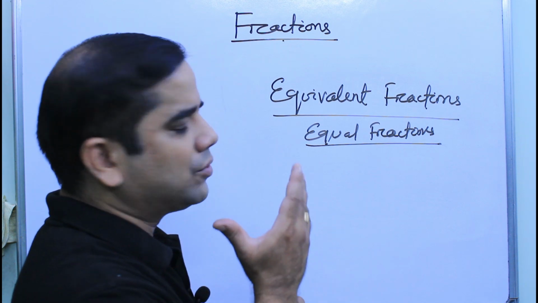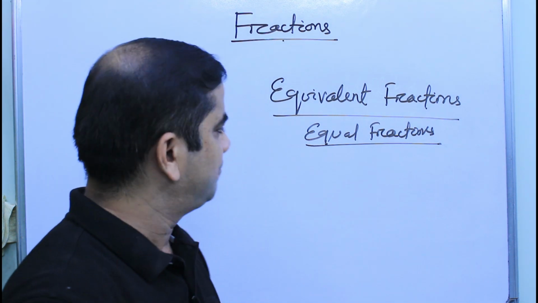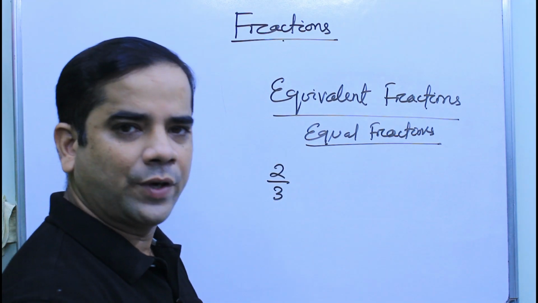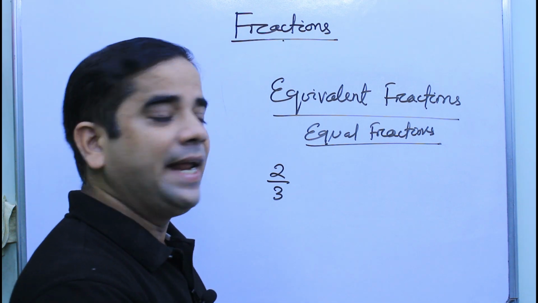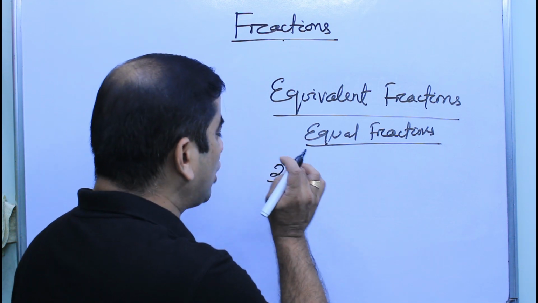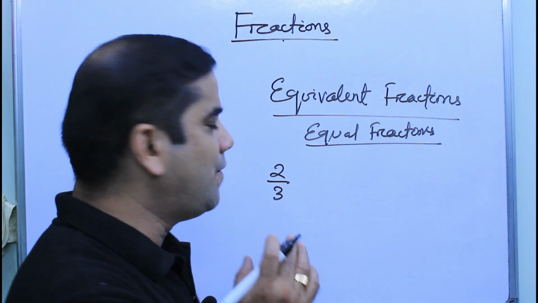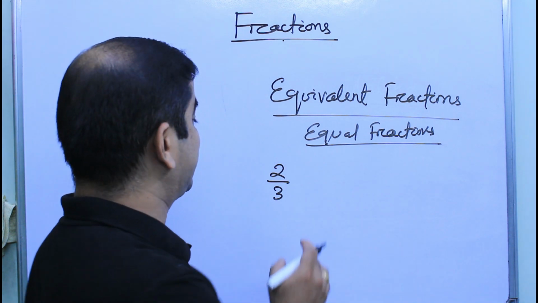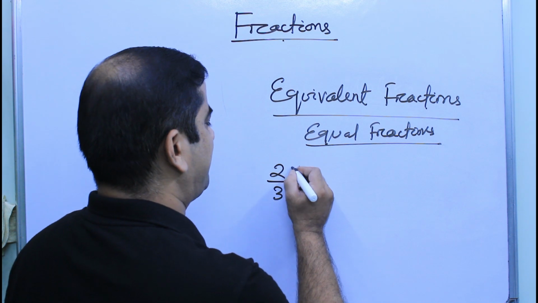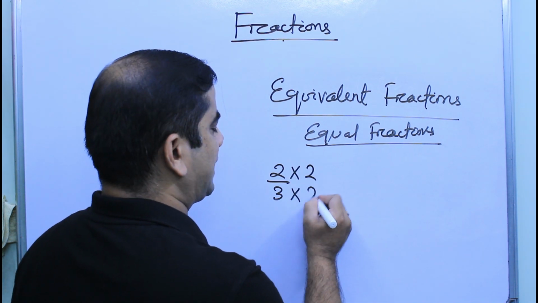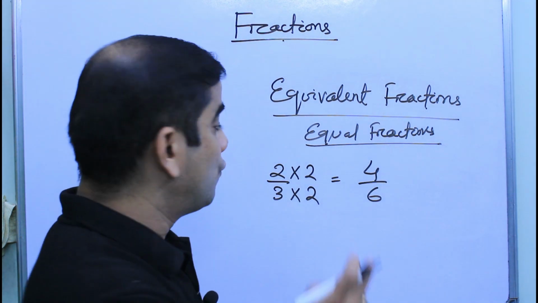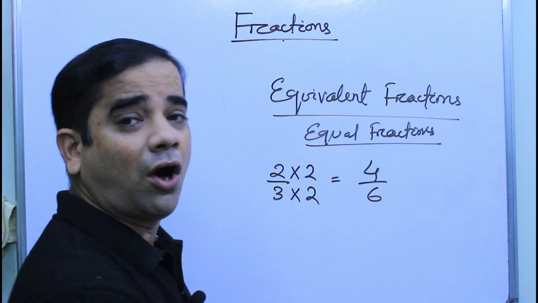So, how can we say that they are equal in value? Suppose 2 by 3 is a fraction. Okay? If I multiply any non-zero number, or we can say a whole number, to both numerator and denominator, we will get a fraction that is equal in value to the initial fraction. That means if I multiply by 2 the numerator and denominator, I will get 4 by 6. Okay. So 4 by 6 is the equivalent fraction for 2 by 3.